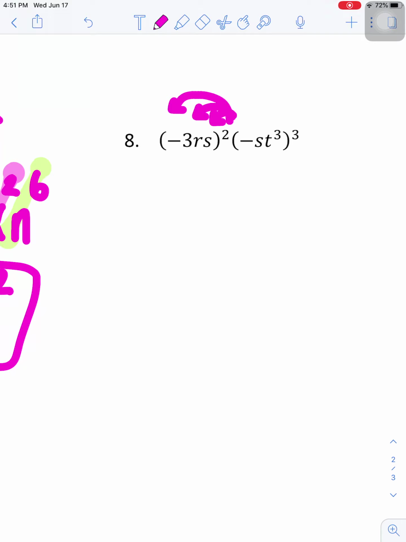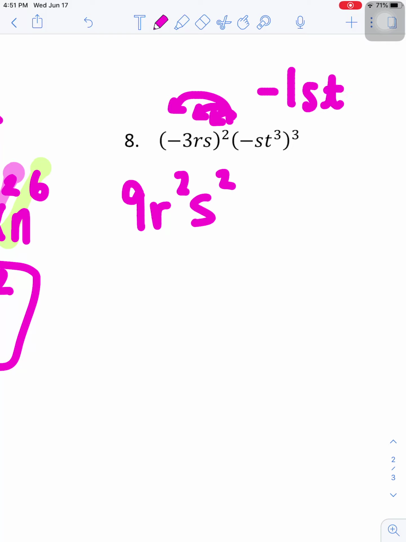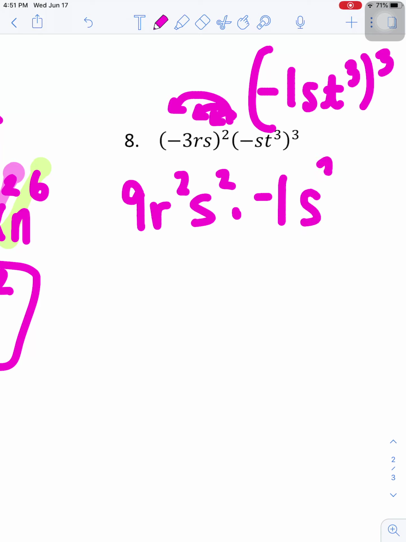When you raise everything to the 2nd power in the first set of parentheses, you should have gotten 9 r squared s squared. The second set of parentheses, it's helpful to look at that as a negative 1 st to the 3rd raised to the 3rd. And then when you raise everything to the 3rd power there, you would get a negative 1 s cubed t to the 9th.